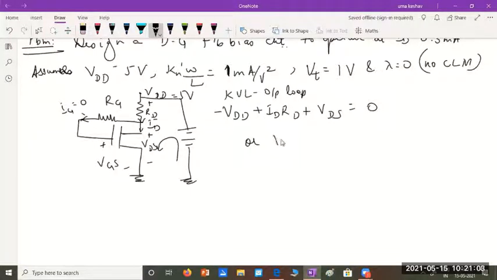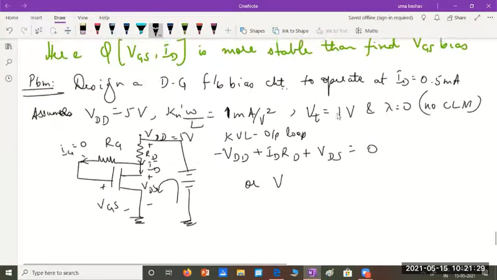Or can I find, which voltage do we have? We have VT, we have VDD. ID and VDS are both unknown. Sorry, ID is given, I think, right? Yes, ID is given.